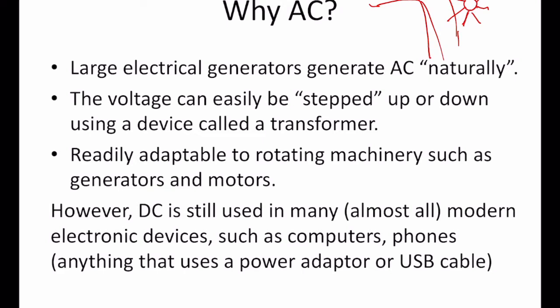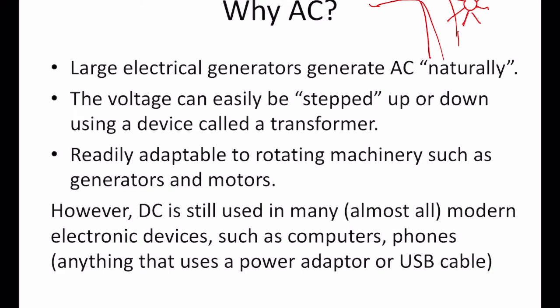A coal plant does exactly the same thing. Instead of falling water, you've got rising steam. Okay, so large electrical generators tend to rotate turbines, and so when something is rotating, it's easy to generate alternating current from it, right?